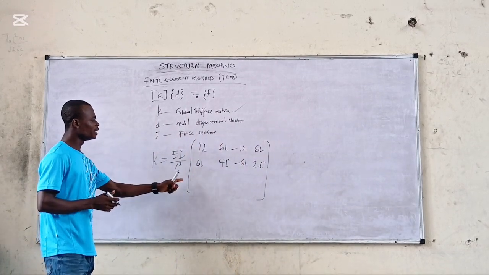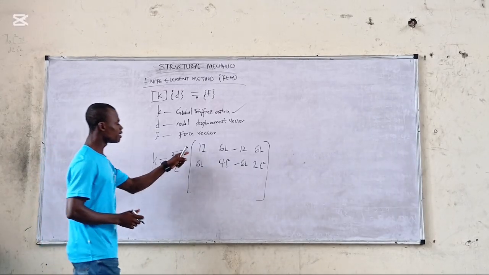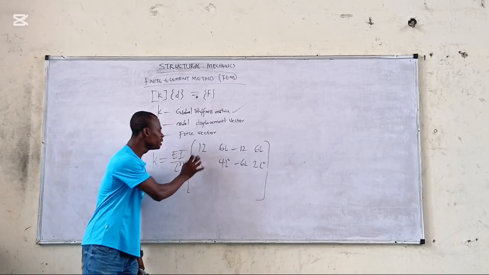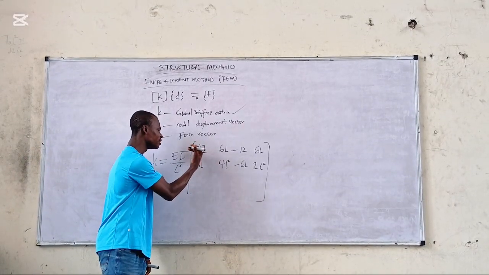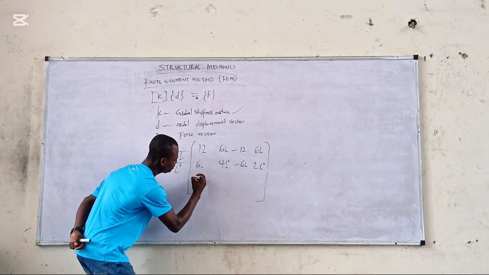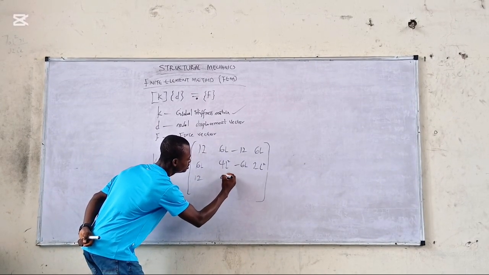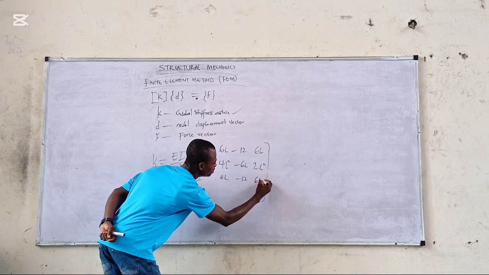From here, we need to get our third and fourth rows. To get our third row, repeat what you have in the first row: 12, 6L, minus 12, 6L.